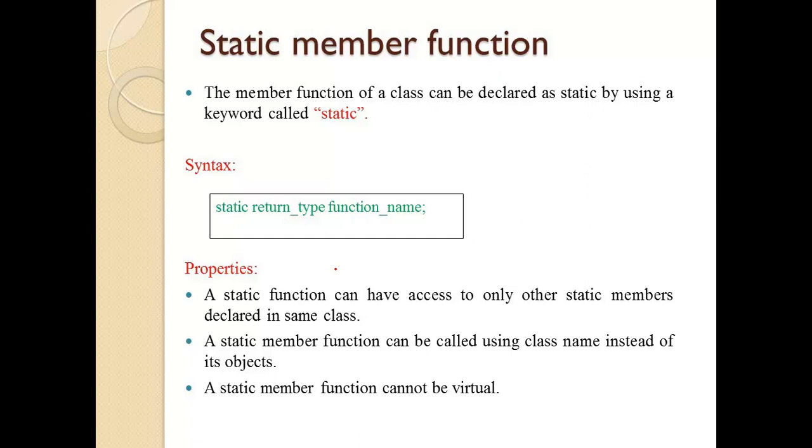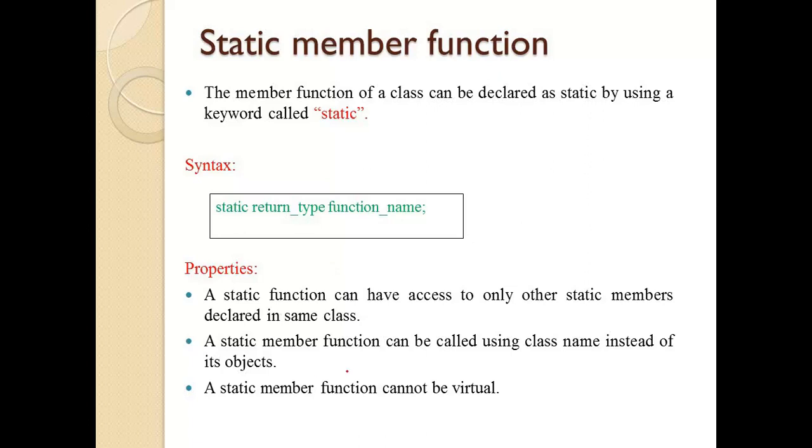Previously we have seen that a member function can call any member function of a class, and even a public member can access the private data members of a class. Here, if we make a member function static, it can access only other static members declared in the same class, that is, only the static variables of that class.